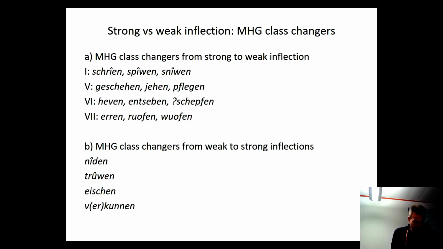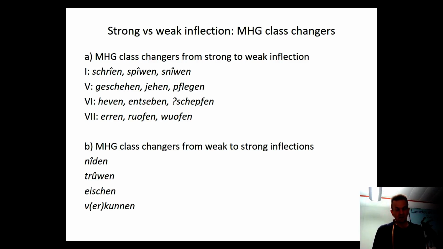On the whole, the inherited Old High German inventory of strong verbs remains untouched. However, a simple comparison of the class changes shows that the weak verbs have become the expanding class since late Middle High German at the latest, with schrien, spiuwen, sniuwen, geschehen, jehen, pflegen, heben, and sehen, ehren, rufen, wuofen.